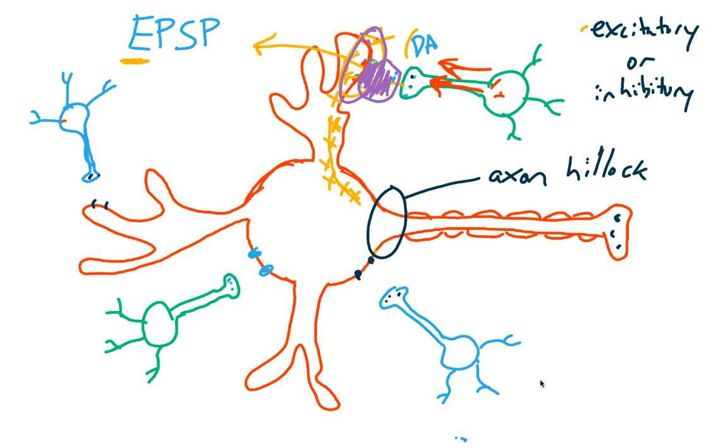So let me try to explain that again with another cell down here. So let's take this blue one down here. Same scenario, an action potential fires, neurotransmitter is released, so it comes across the synapse. And what we're really interested in here is what happens post-synaptically.